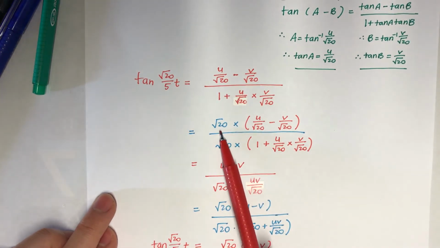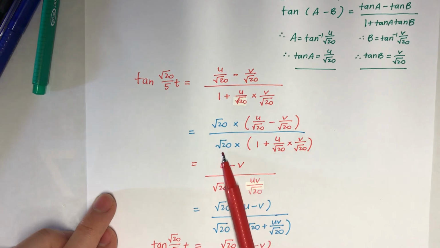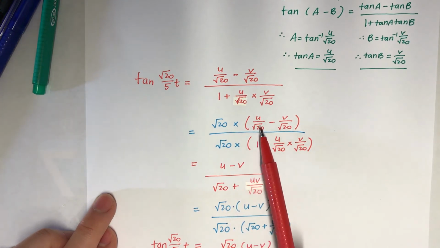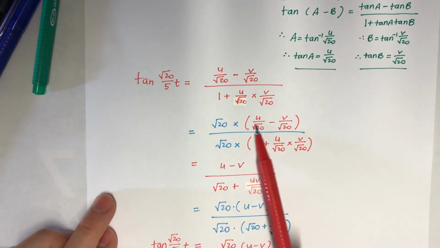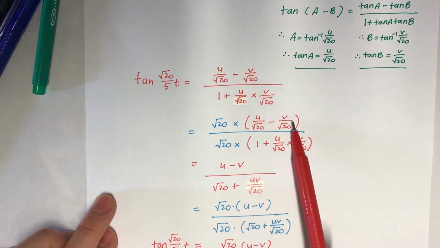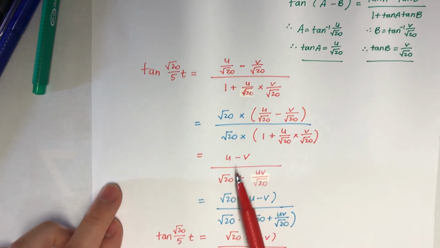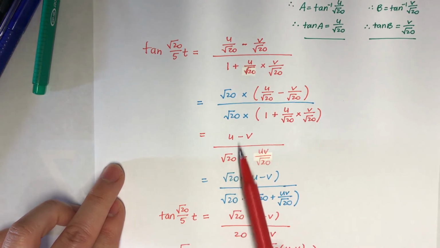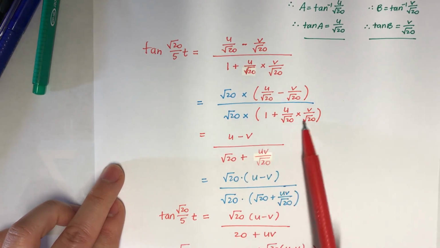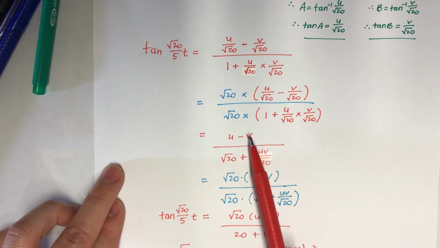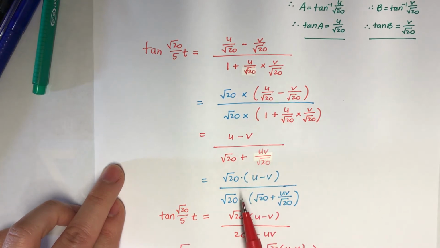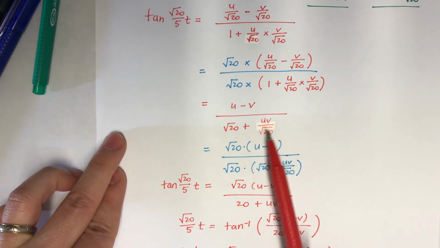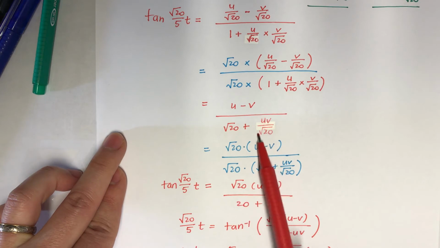Now if I just times square root of 20 on the top and the bottom, I can cancel the denominator, so it's no longer a fraction. Okay, so on the top I'll be left with u minus v. On the bottom I'll just expand this. I'll be left with the root 20. I'll cancel one of them, and I still have uv over root 20. Okay, and I'm going to times by root 20 again to get rid of this.